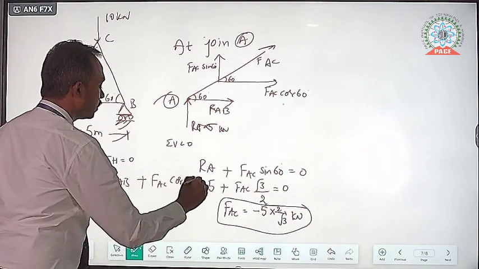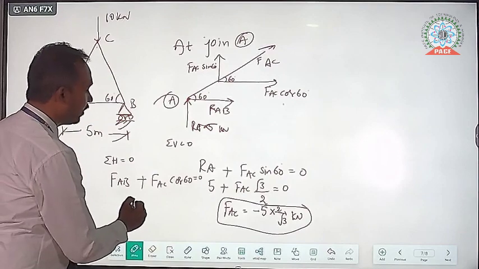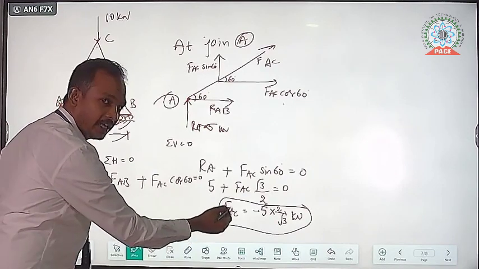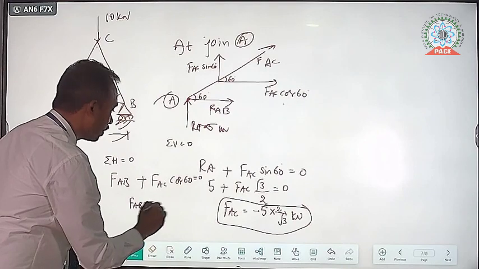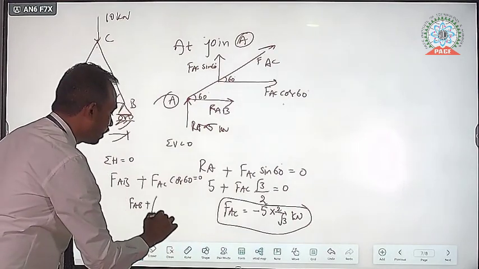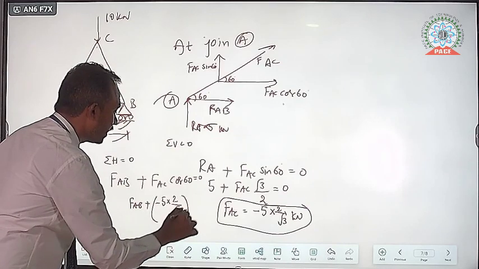Okay, so FAB value we don't know, but we calculated the FAC value. What is the value of FAC here? Minus 5 into 2 by root 3 into cos 60, that is 1 by 2, that is equal to 0.